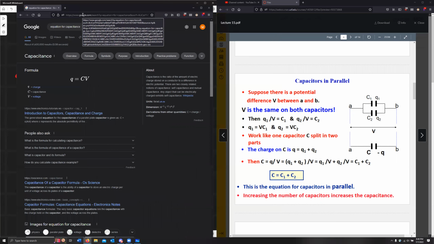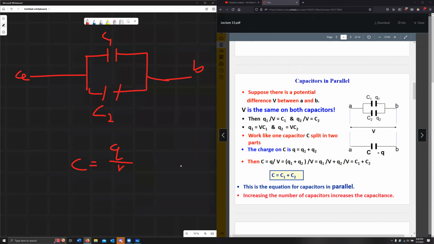So if you get a question that says, hey, you have a capacitor of this capacitance with this voltage, what is the charge? That's what you're getting there. The charge on C on this one down here is the sum of total charges. Okay, that makes some sense there.